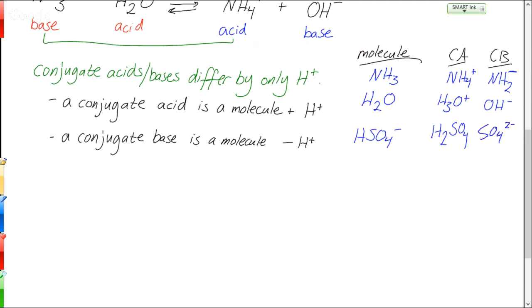SO4 minus 2. So we had -1. We lost H+, so we lose the H, and we go down a charge, lose a positive charge. So you end up with -2.